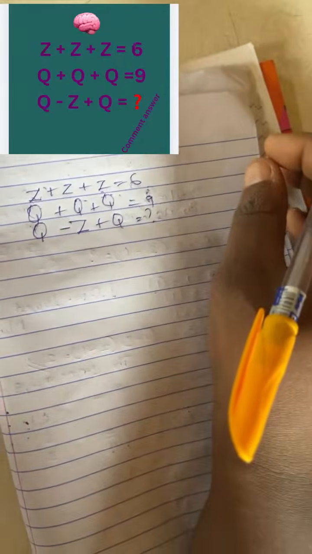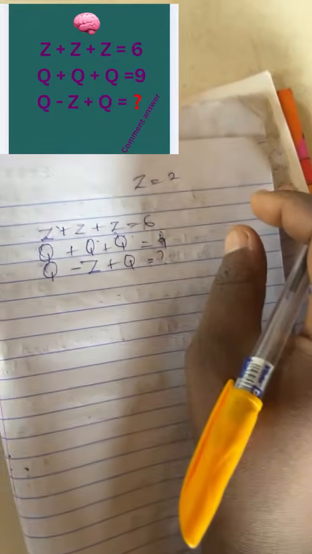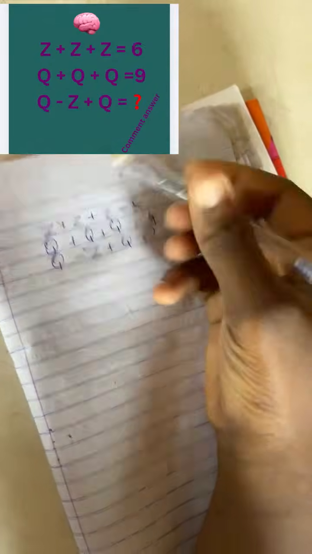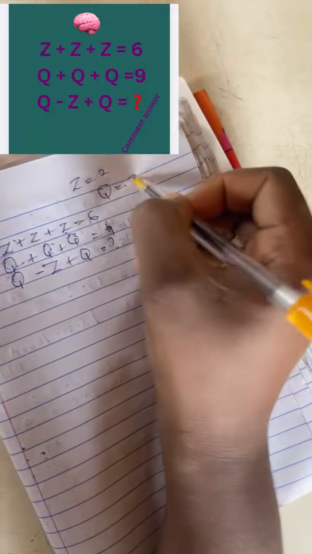Ignore that code. Now Q is what? 3 plus 3 plus 3 is 9. So Q is equal to 3.